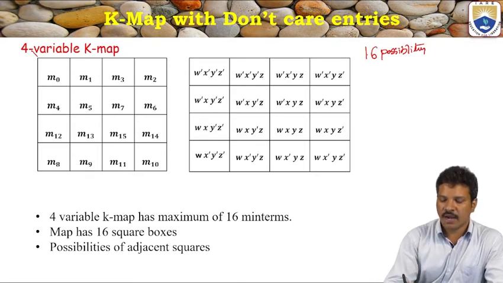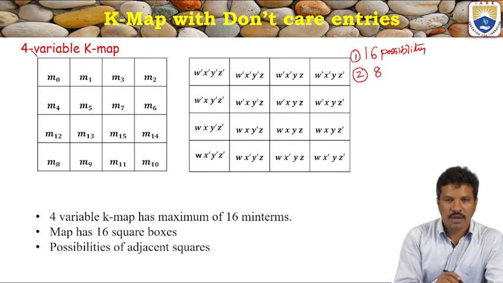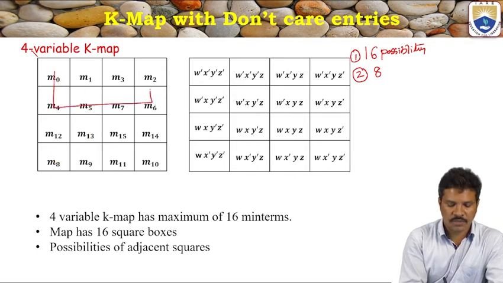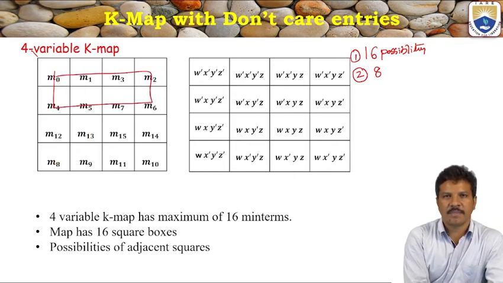This is the highest priority. The next highest priority is: are there any 8 ones? Those 8 ones can be marked in a rectangular form like this one, or a rectangular form like this one. In this way we can represent it.